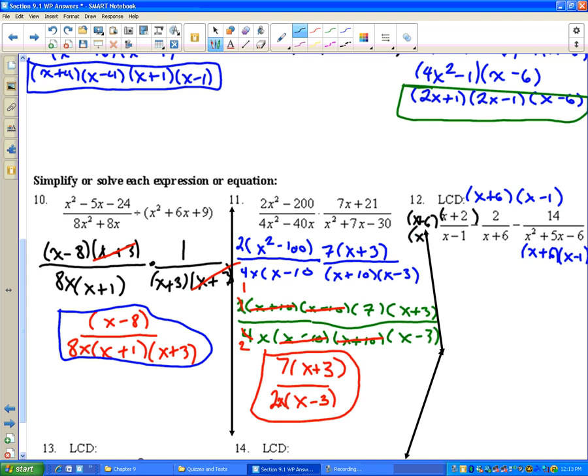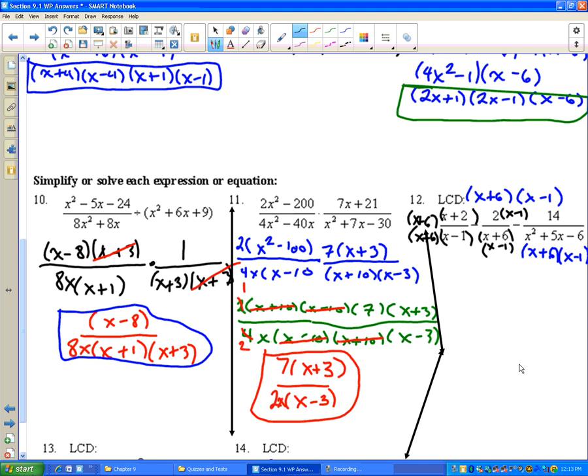So I'm going to multiply it by x plus 6. In this denominator, I'm missing the x minus 1. So I'm going to multiply top and bottom by that x minus 1. In this one, I'm not missing either of my two factors, so I'm not going to change it at all.